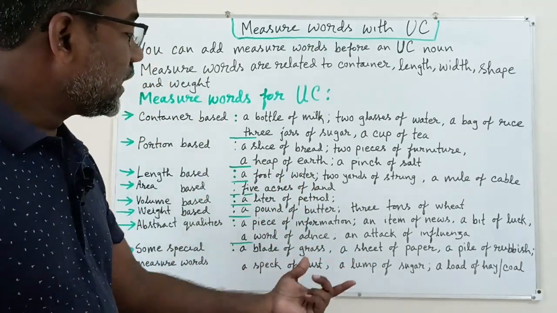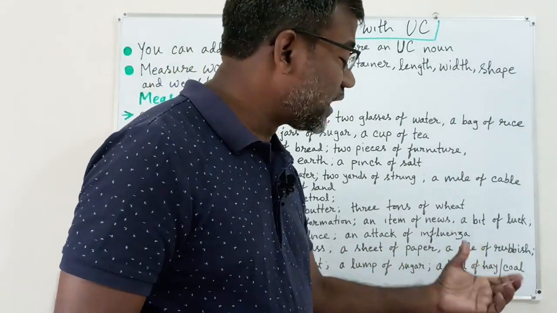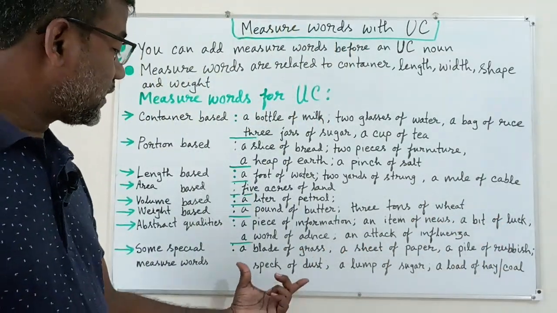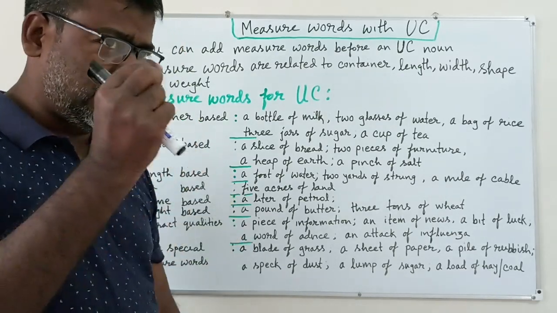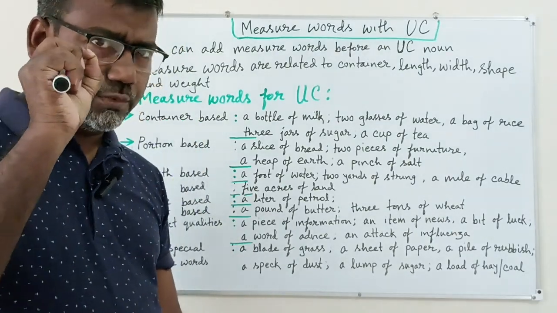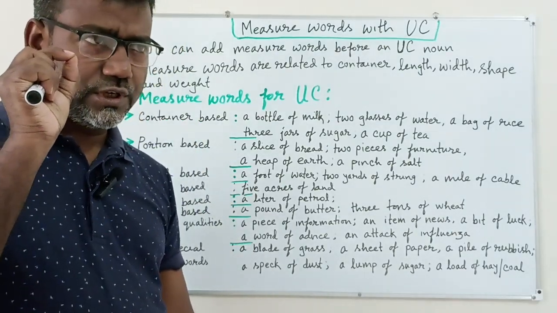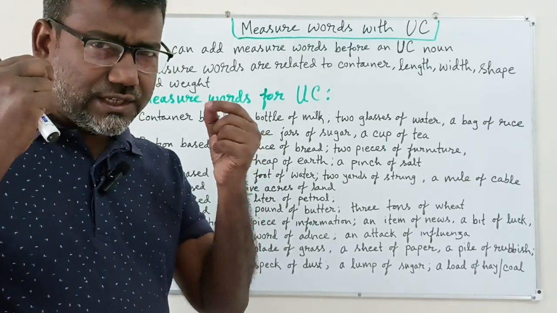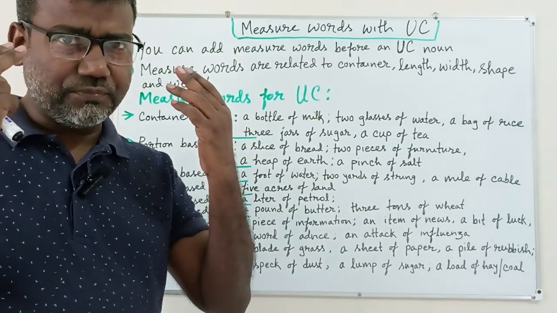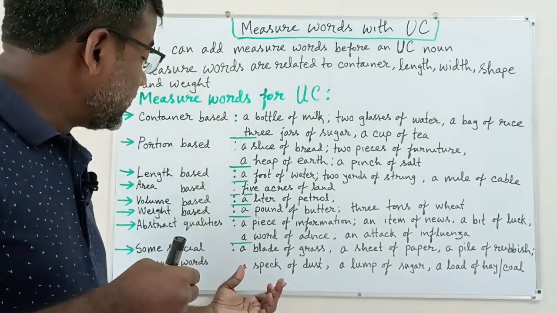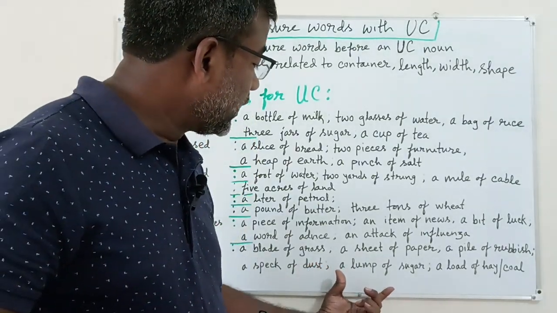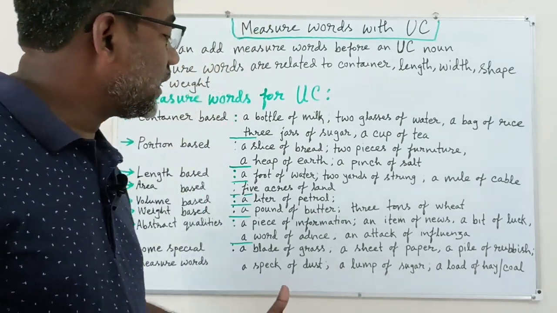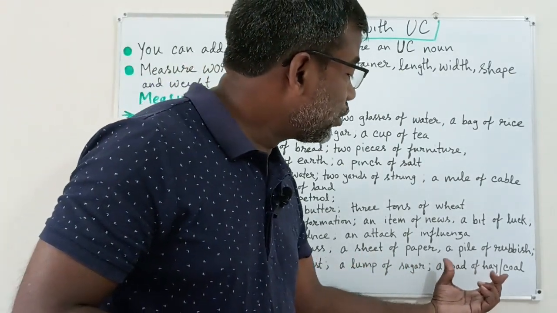A blade of grass. A sheet of paper. A pile of rubbish. A speck of dust. It's also very interesting. A speck is something very small, a spot or very small unit that we can't see with our open eyes. That is a speck of dust. A lump of sugar. A load of hay.